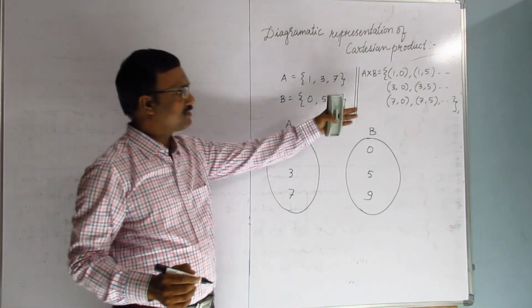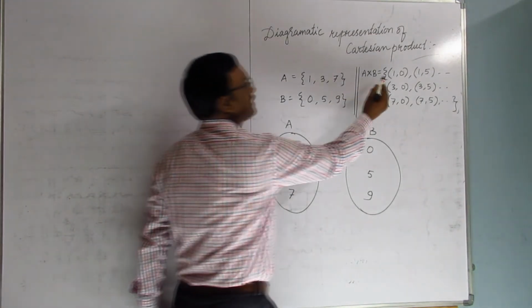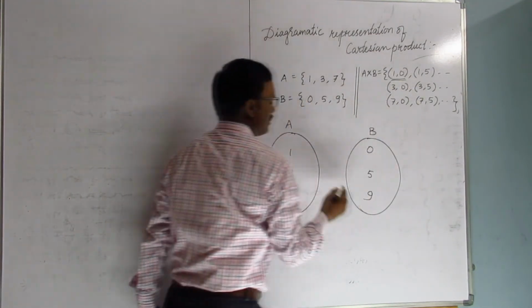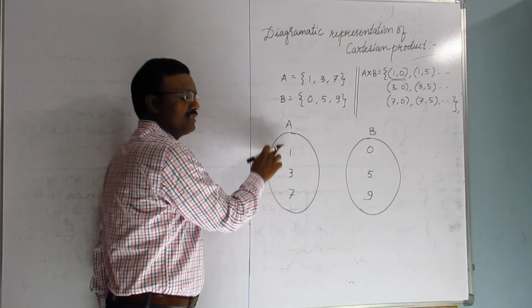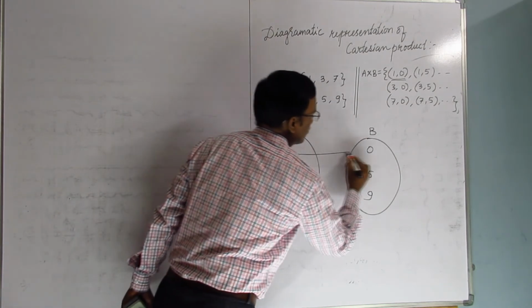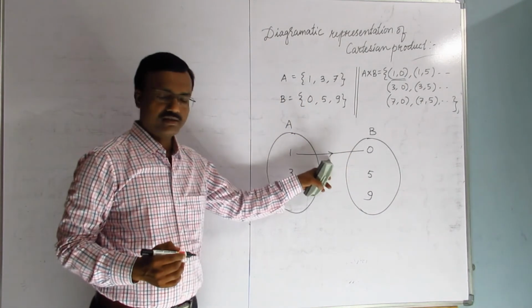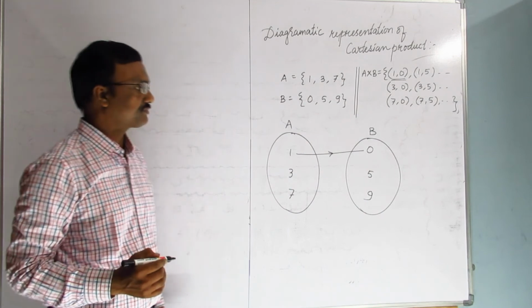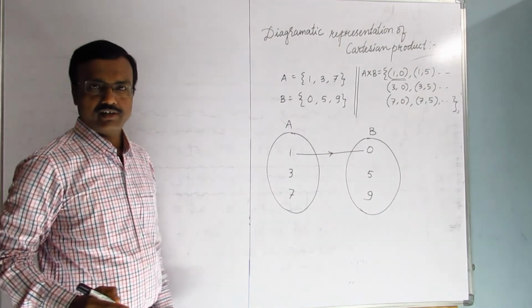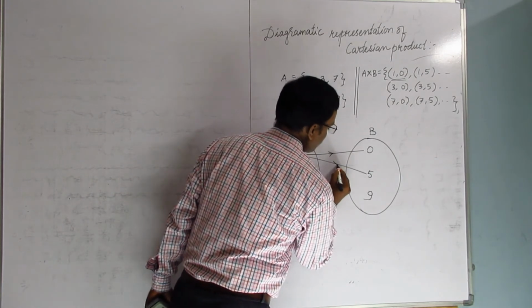Now how to represent the same elements here? First, 1 is associated to 0. 1 from the first set is associated to 0 from the second set. So we show it like this. We put an arrow in between. Next is (1, 5). For that, connect 1 to 5 like this and show an arrow here.